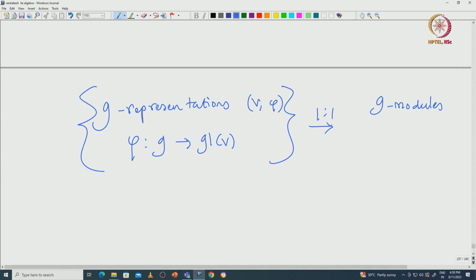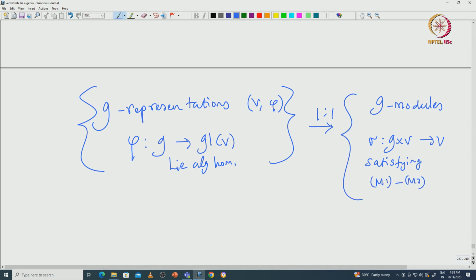Okay. So, this is actually a map from G cross V to V, a Lie algebra homomorphism, satisfying the conditions M1 to M3. So, this correspondence is very clear. Okay. So, that is what we just saw.